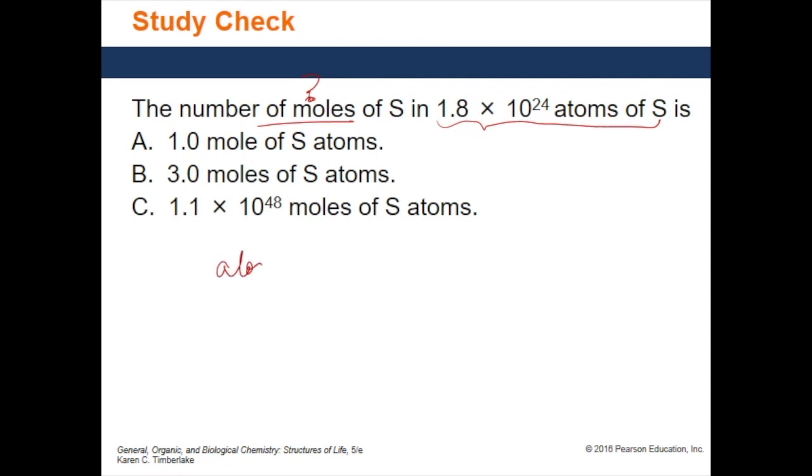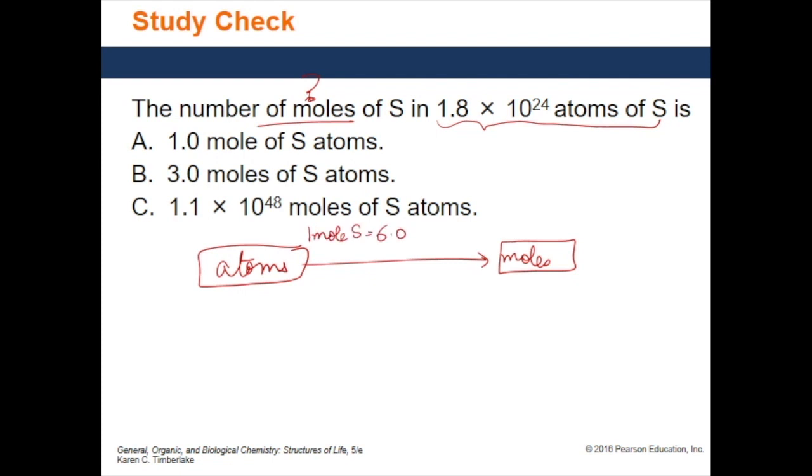So what's given to us is atoms. The question is asking to go from atoms to moles. Do we know a conversion factor that relates moles and atoms? 1 mole of anything, in this case sulfur, is 6.02 times 10 raised to power 23 atoms of sulfur. So we'll use this conversion factor.